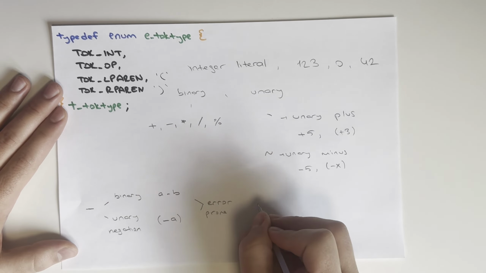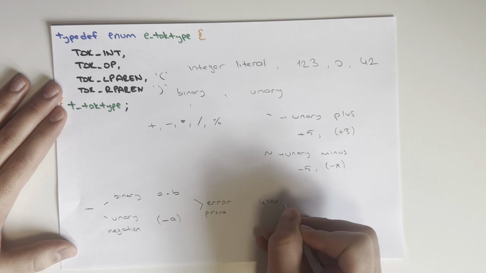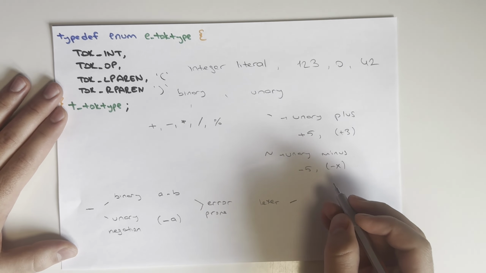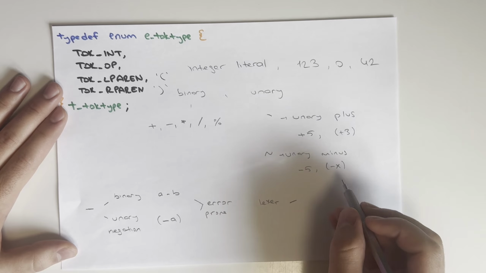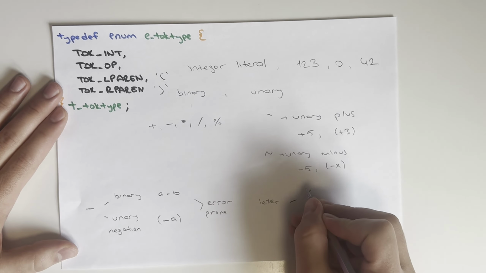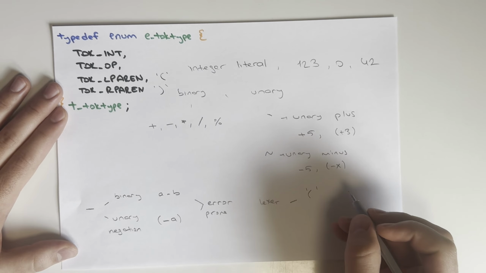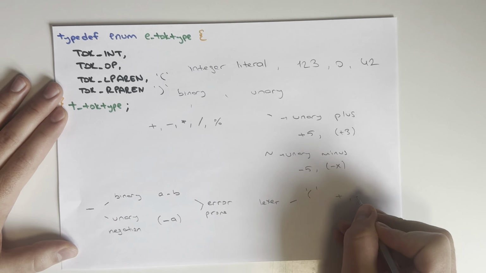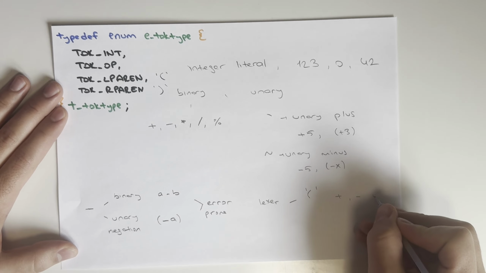So in the lexer, if it's the start of the expression or it is right after the beginning parenthesis, it will see the minus and plus as unary.